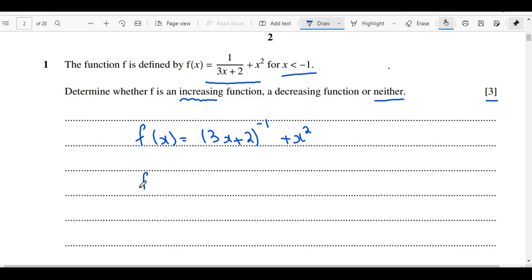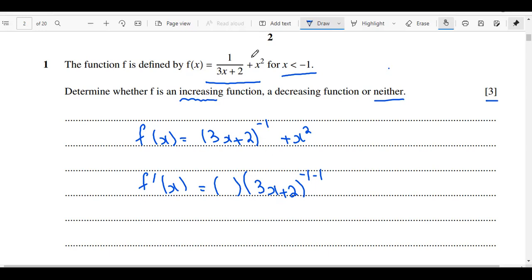Now I'm in the position to find the derivative of f of x. So I write it down as it is, 3x plus 2 power what? Minus 1 minus 1. When we differentiate, we are subtracting the powers. What is the next thing? Next thing is I need to multiply what?